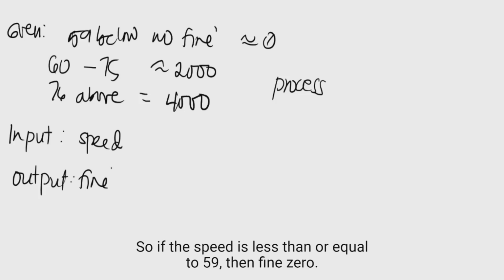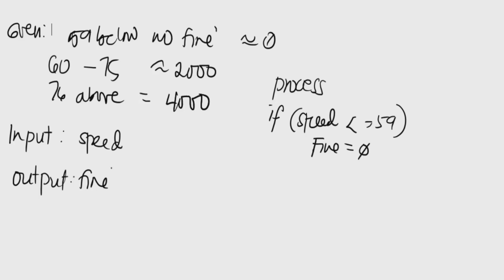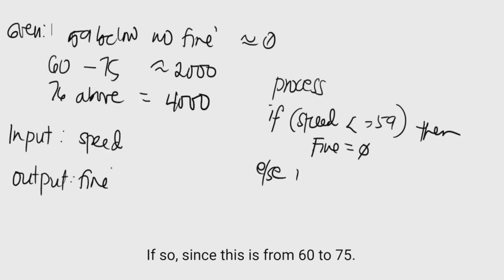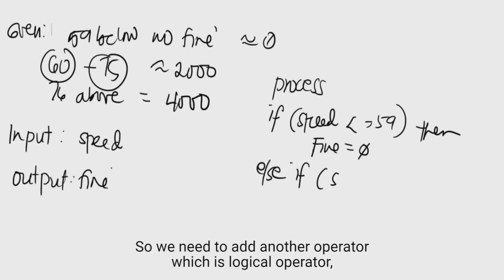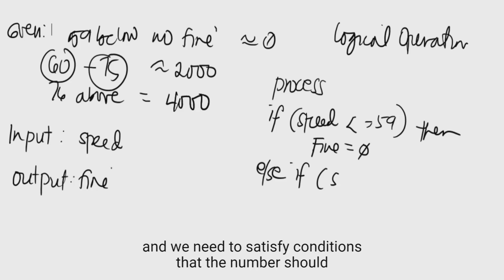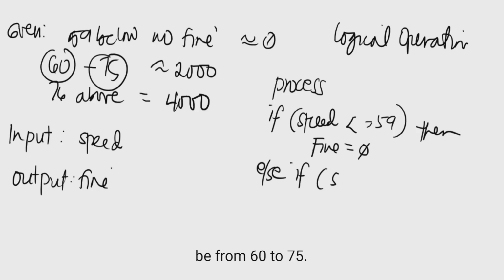So if the speed is less than or equals to 59, then fine is 0. Otherwise, since this is from 60 to 75, we need to add another operator, which is the logical operator. We need to satisfy the condition that the number should be from 60 to 75.